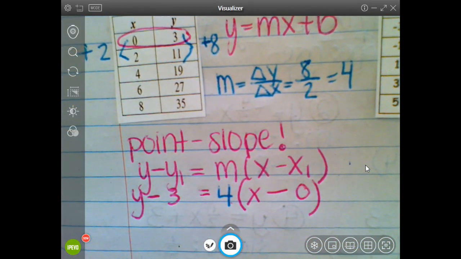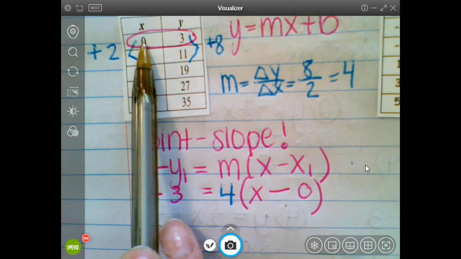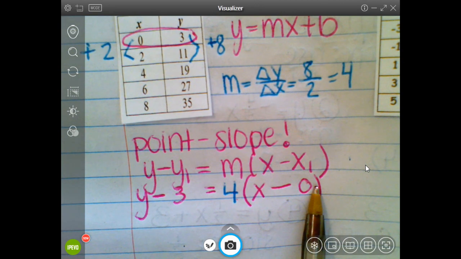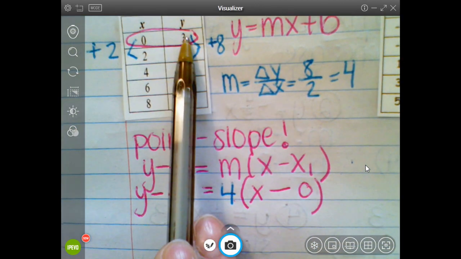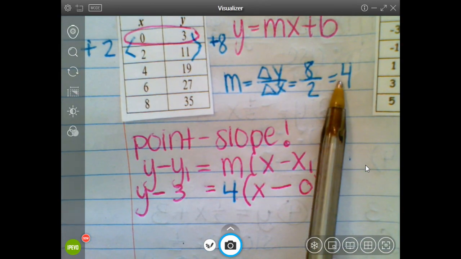So all I did was circle one of the points. I plugged in 0 for the x1, because that's the point I picked. And I plugged in 3 for the y1, because that's the point I picked. And I got the 4 from when I found the slope.